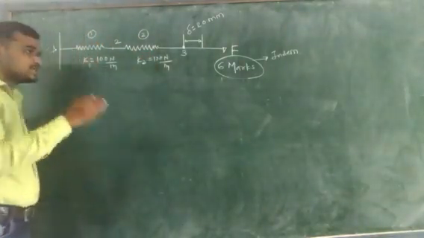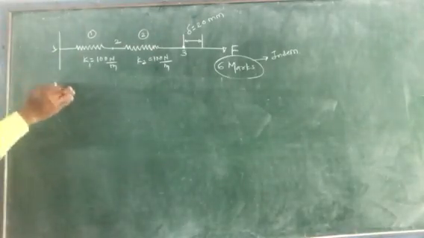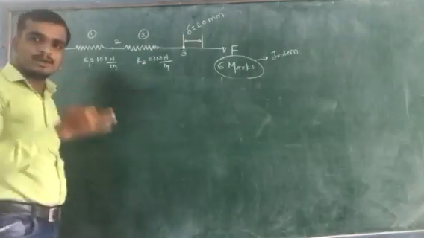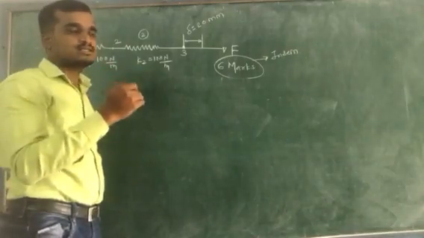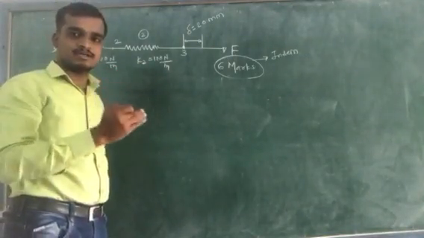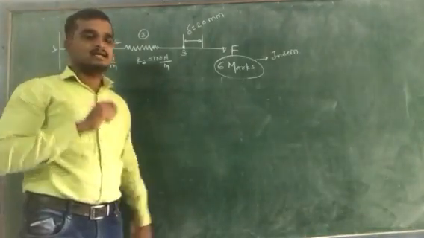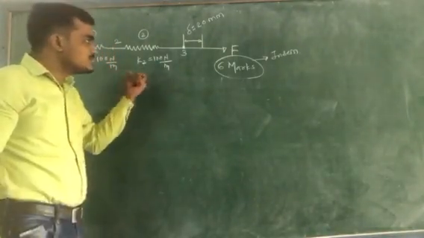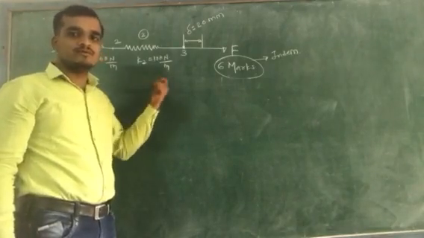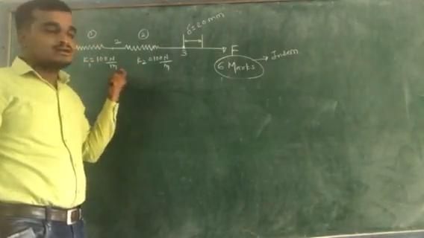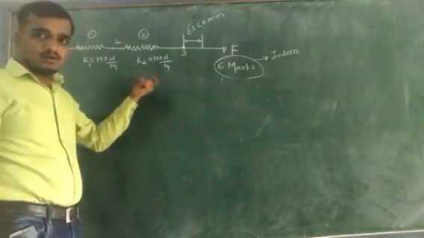The second step is to find the elemental stiffness matrices. First we find the elemental stiffness matrices, then we construct the global stiffness matrix. What will be the order of the global stiffness matrix?